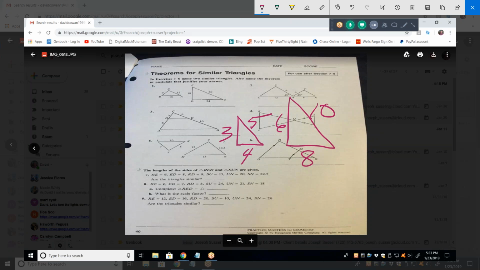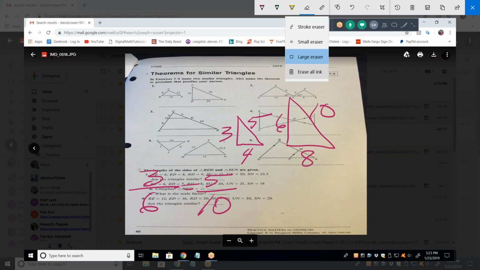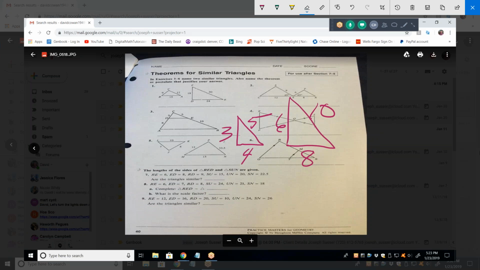In other words, we know 3 is to 6 is equal to 5 is to 10, right? In other words, the ratio of corresponding sides are the same. But there's other ratios that are also correct. I'll let you go here in a second. But I can also say that 3 is to 5 as 6 is to 10.